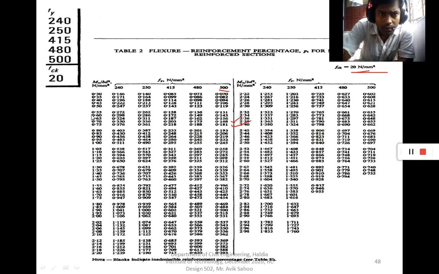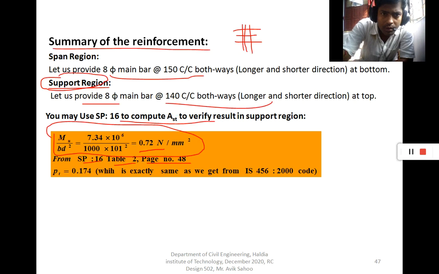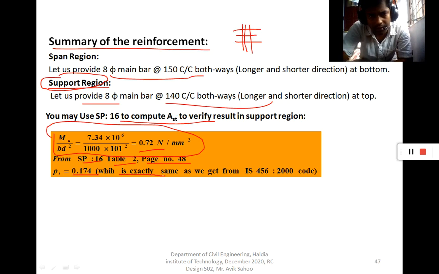The Mu by bd square value is between 0.70 and 0.75, so we get the corresponding steel by linear interpolation using Table 2. We get 0.174, so you check it, which is exactly the same as we get from the IS 456 2000 code.